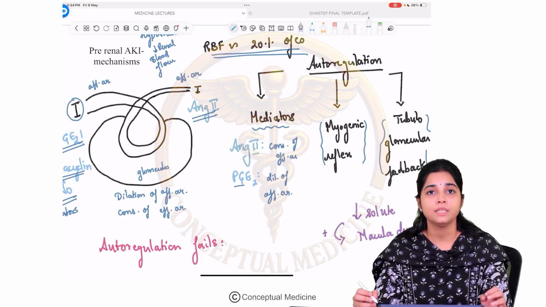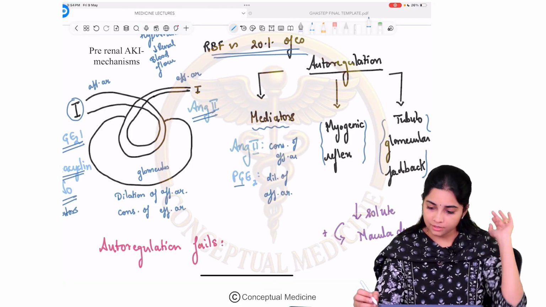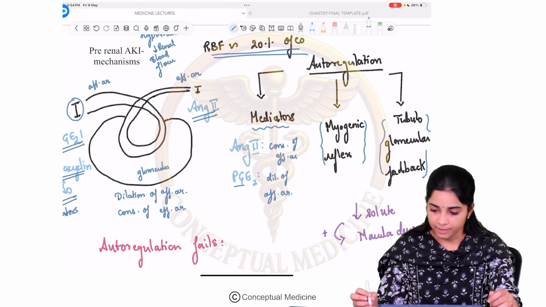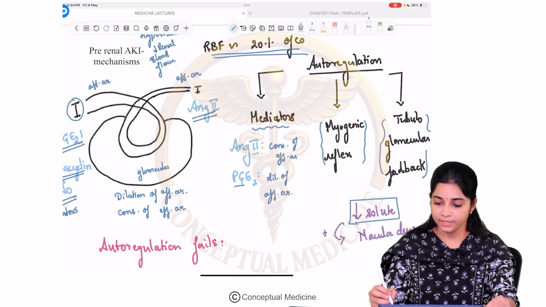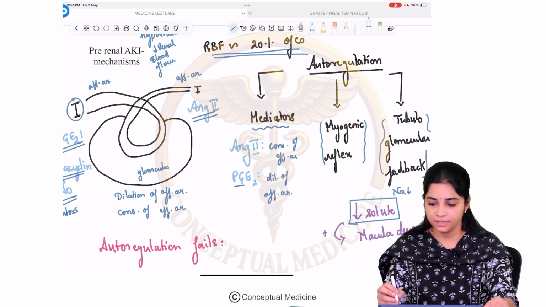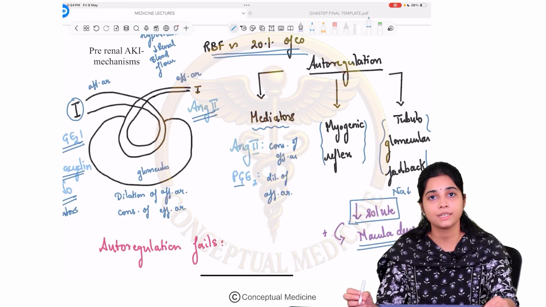So what is the meaning of tubuloglomerular feedback? The third mechanism is your tubuloglomerular feedback. So what is the mechanism? Whenever there is a decrease in the solute load, that means the sodium delivery is decreased. When the sodium delivery is decreased, this causes stimulation of an organ called the macula densa.